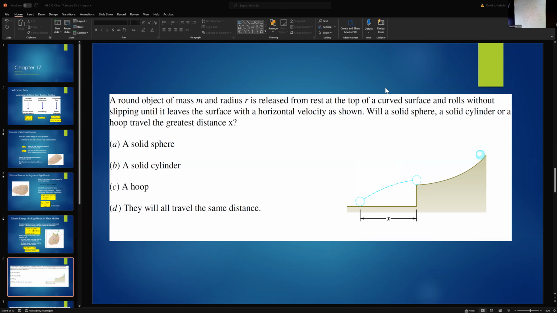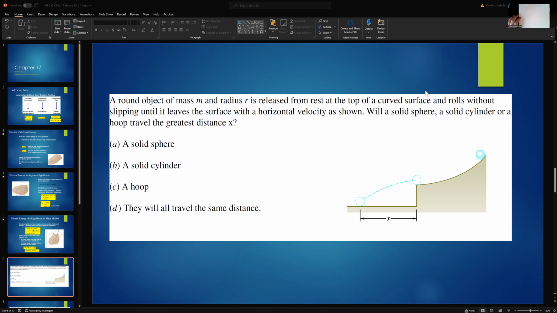We have a solid sphere, and the solid sphere has a moment of inertia of 2/5 m r squared.